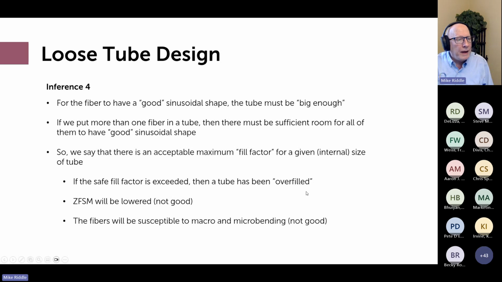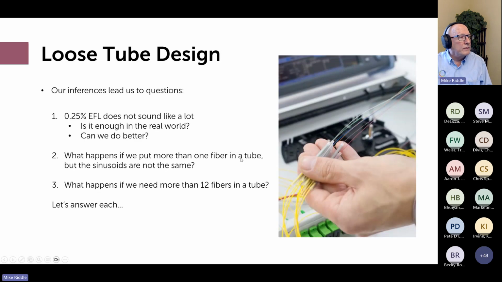If you go beyond that, then the tube has been overfilled, and you know that you've done that when you see your zero fiber strain margin drop. And in general, that's not good. You want a high zero fiber strain margin. And the fibers will be susceptible to macro and micro bending, also not good. So there's a certain fill factor that you need to stay within.